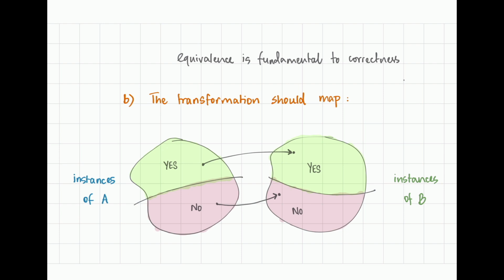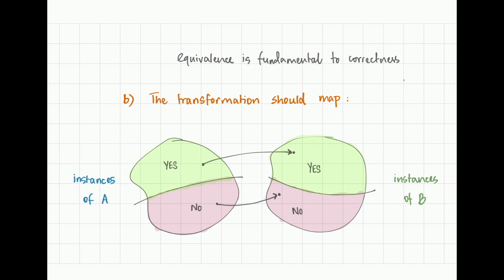Now, the second demand that we make from parameterized reductions is that they should preserve the equivalence of the instances that they're working with, the ones that they start with and the ones that they generate. And as we have already mentioned, this is basically the same as our analogous expectation from a classical reduction and is absolutely fundamental to the correctness of our overall approach for coming up with an FPT algorithm for A based on the reduction from A to B and an FPT algorithm for B. For that whole idea to work, it's absolutely crucial that the reduction has this property.